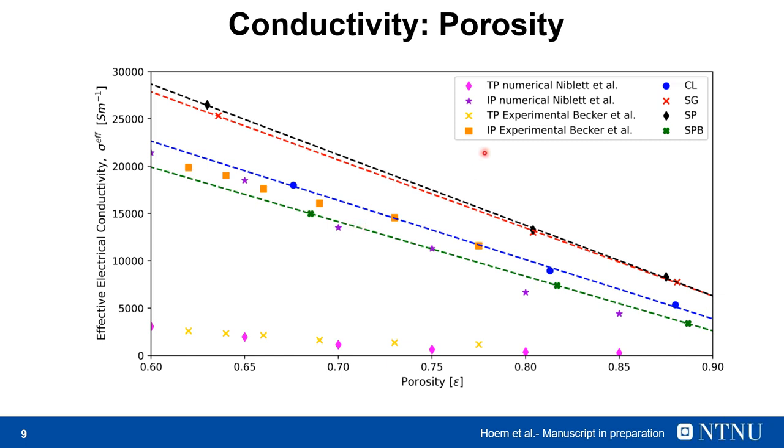If we compare them to results in literature from Liblet and Becker on traditional gas diffusion layers, we can see that all the structures perform superior over the through-plane direction of the gas diffusion layer, and cubic lattice and Schwarzschild beam have very similar performance to the in-plane direction of the gas diffusion layer.